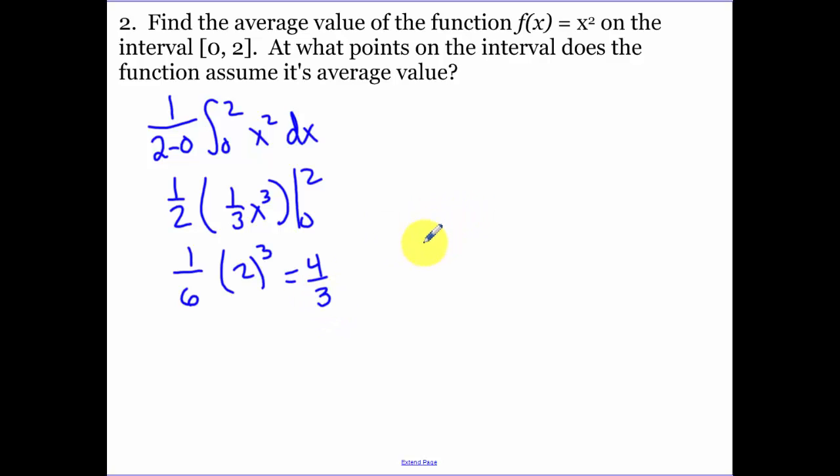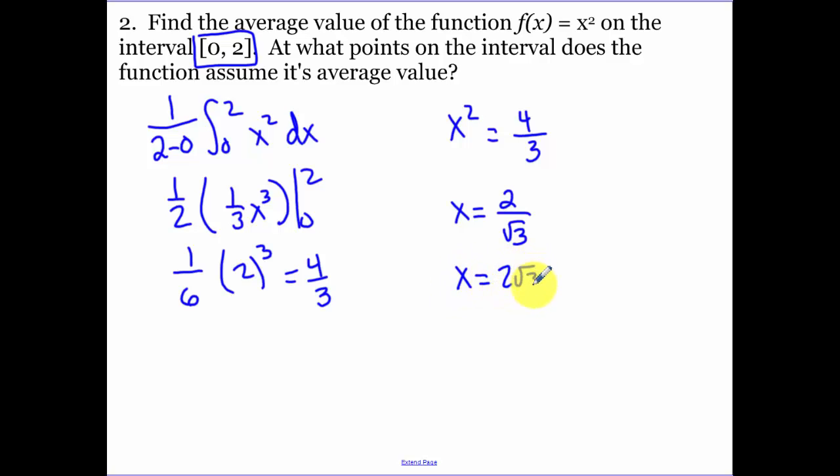So by our mean value theorem for integrals, there's some x value where our function, which is x squared, is going to equal 4 over 3. Well, if I square root both sides, I'm going to just encounter the positive one, because that's the only one that's on our interval. I have 2 over root 3. Simplifying that radical, we get 2 root 3 over 3.